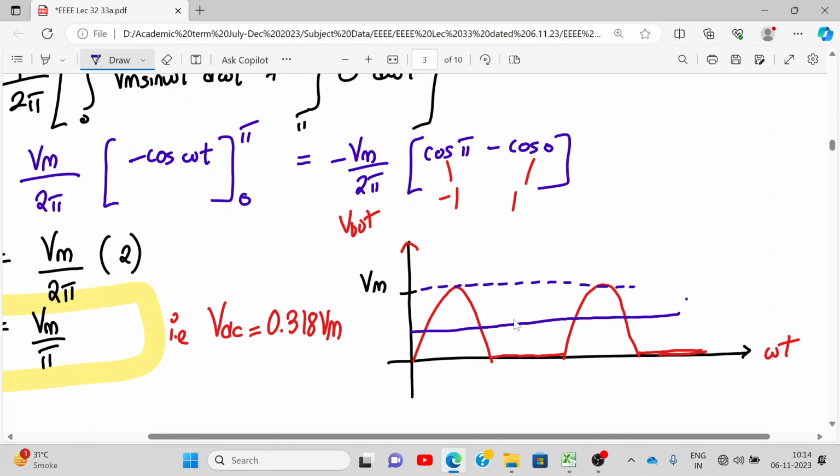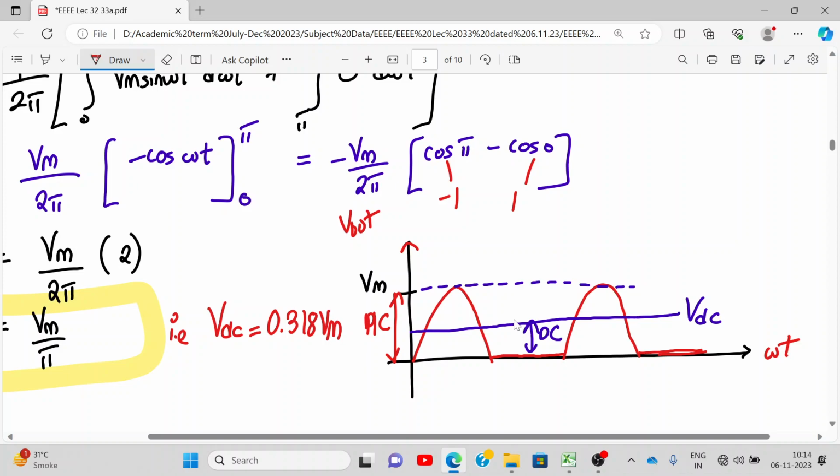And what is this value? VDC, or Vm by pi. So basically, this is my DC value. And where is my AC value? This is AC and that is DC. Got it?